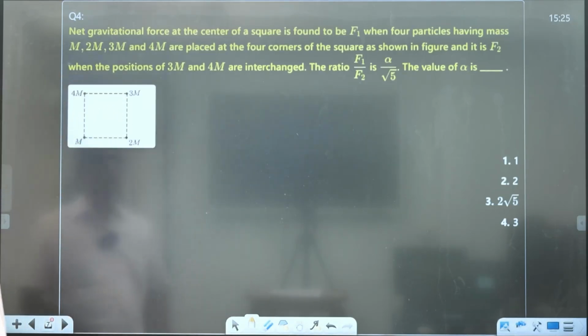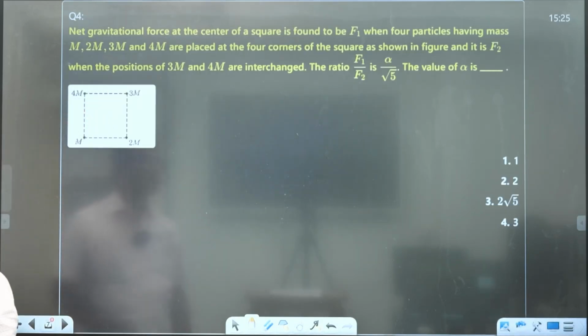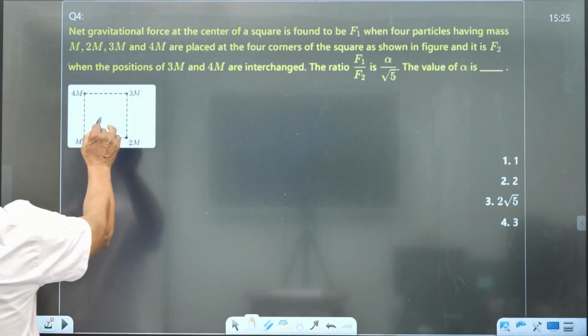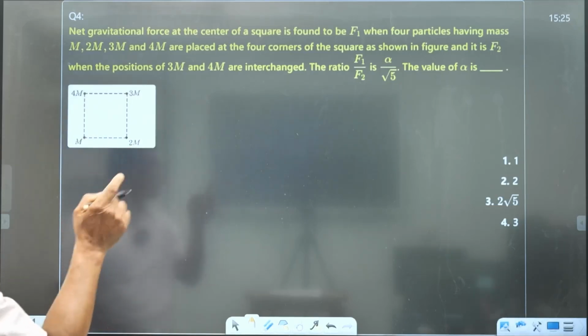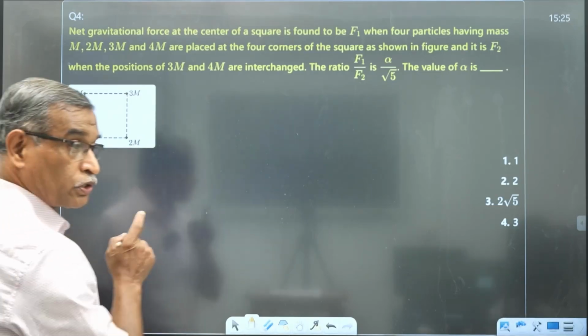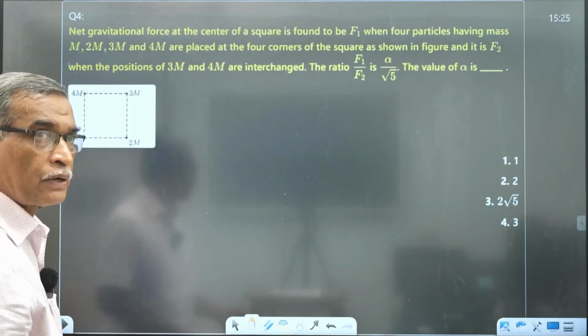Then find F1 by F2. F1 is the force on the particle at the center. In this situation, the distribution of masses is like this. The force is F1. Now we have to get that force.